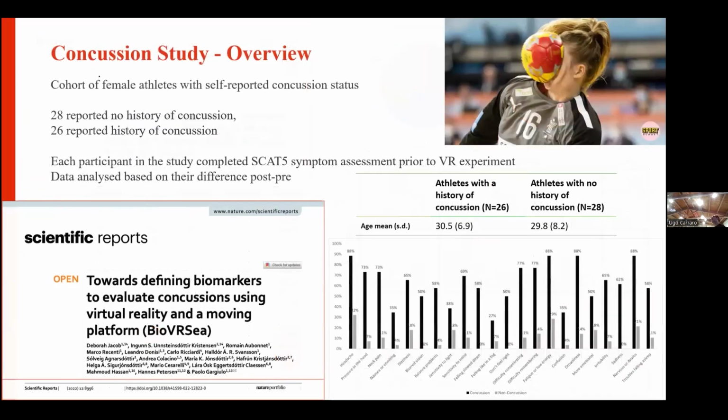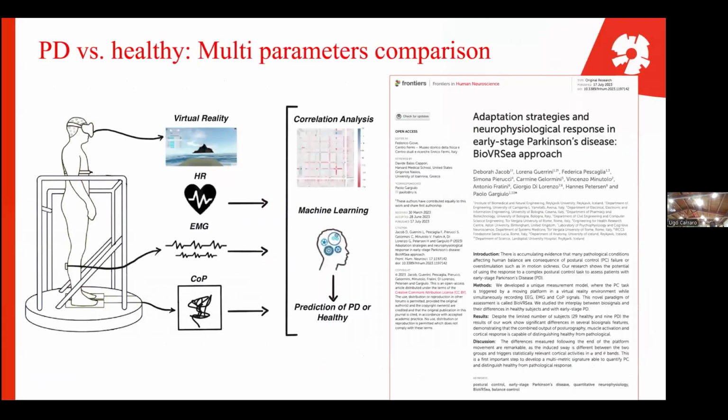We have worked on all those types of subcohorts, but I wanted to focus on the recent work we have done on early stage Parkinson, because that is a direction that is quite intriguing and can be really useful in the evaluation of neurodegenerative disease.